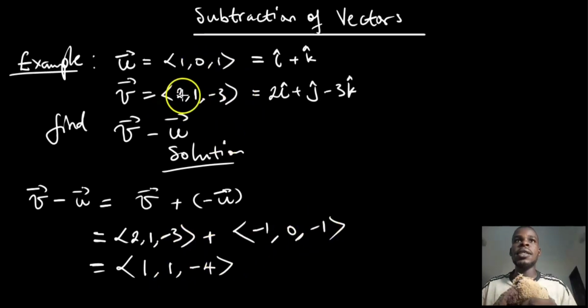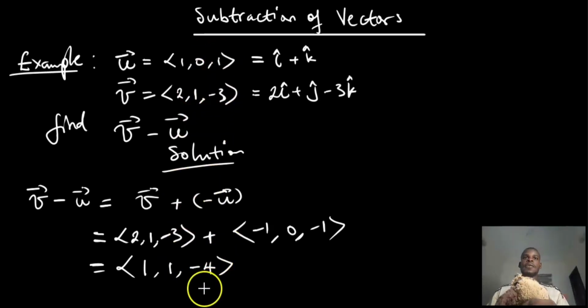Let me use this to find v minus u, right? We say 2 minus 1 gives us 1. 1 minus 0 gives us 1. Then negative 3 minus 1 gives us negative 4. So we could just subtract corresponding entries just like we did for addition. Okay, so that was nice.